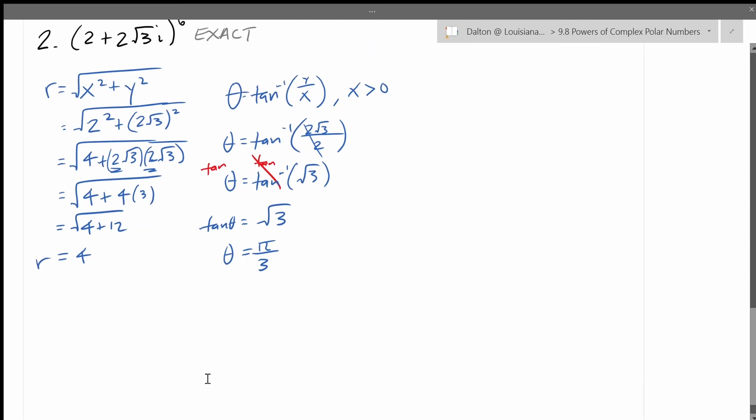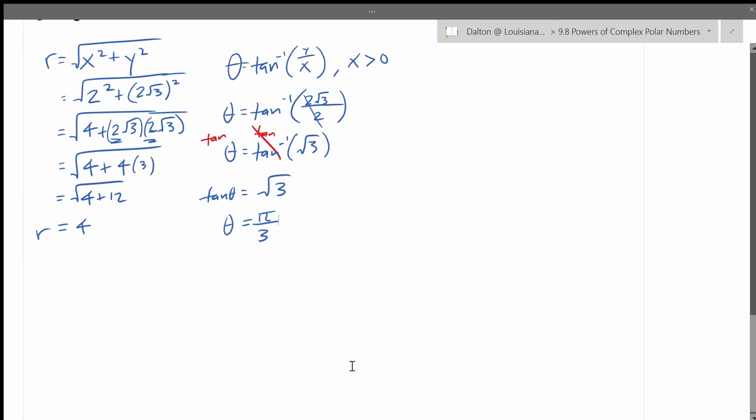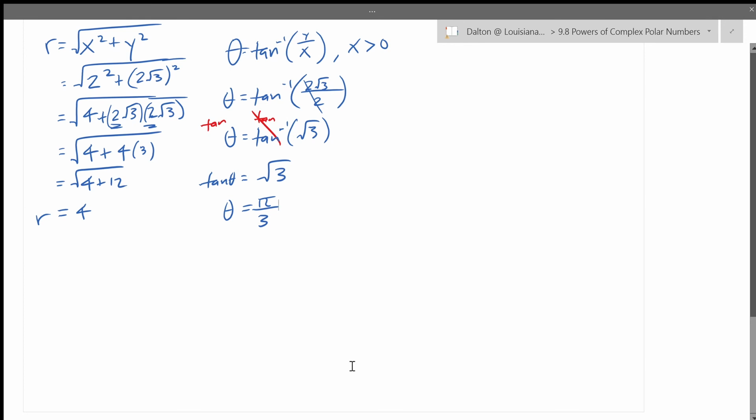Okay, so now you've found r and theta, so now you're going to set up this rectangular number as a polar complex number. In doing so, it's going to look like, open bracket, r is 4, open parentheses, times the cosine of theta is pi over 3, plus i times the sine of pi over 3. And then that whole number is raised to the 6th power.